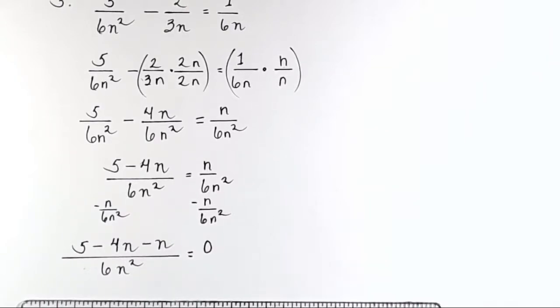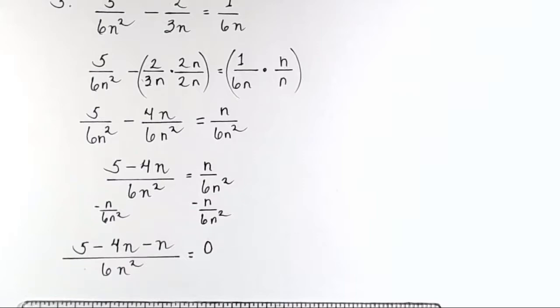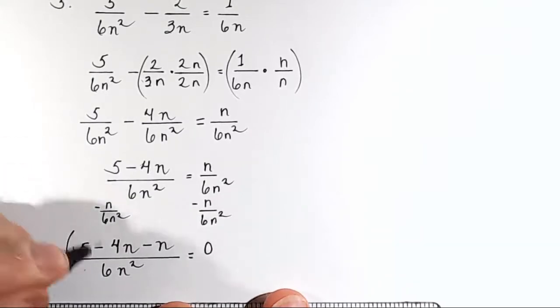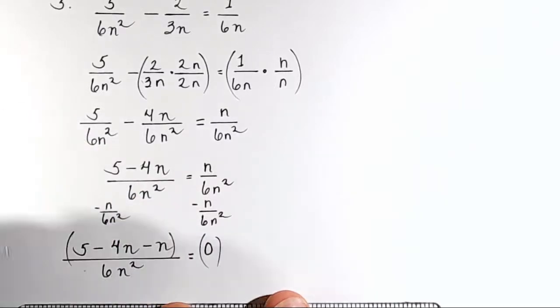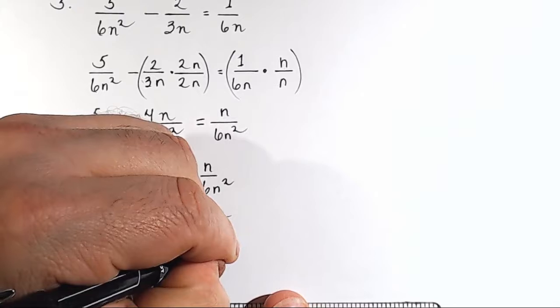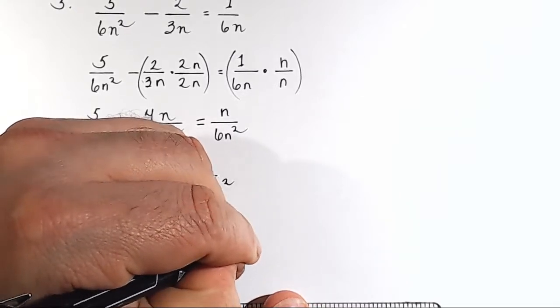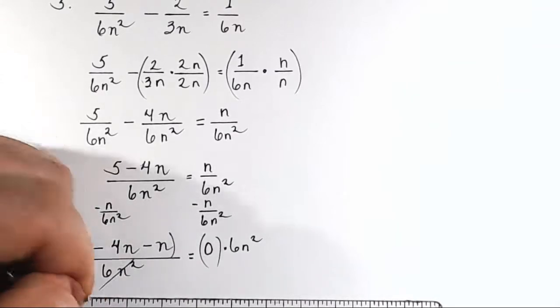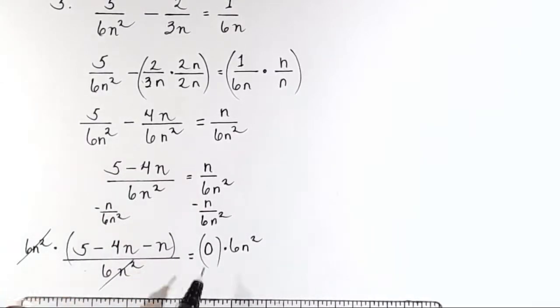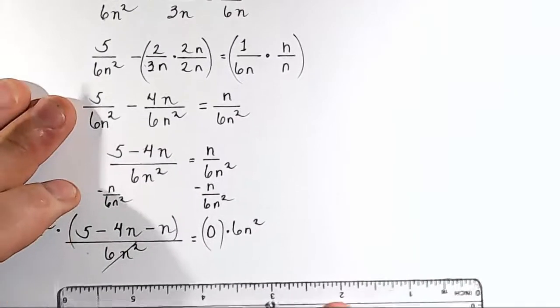Now, what do we do to continue on, right? Well, here's a cool trick. We just multiply both sides of the equation by 6n squared. And watch what happens. On the left, the 6n squareds cancel. And on the right, 0 times 6n squared is just 0.